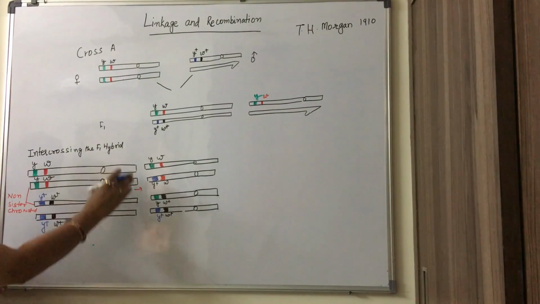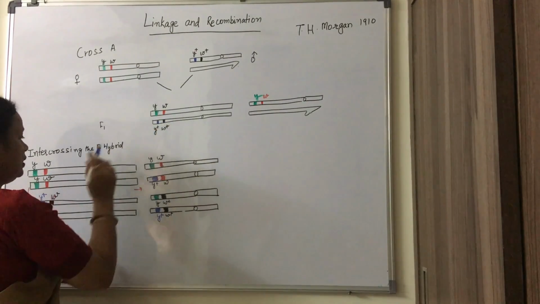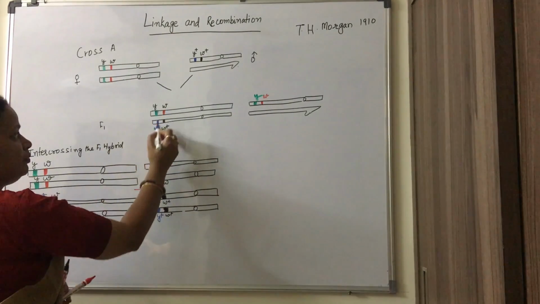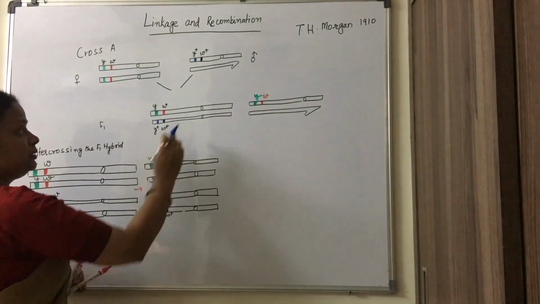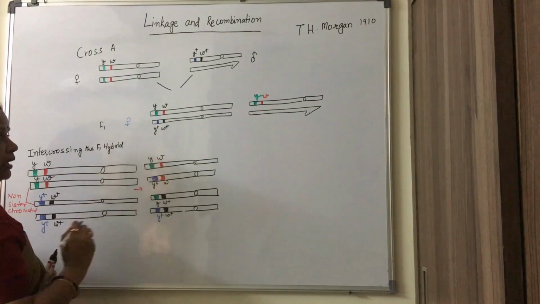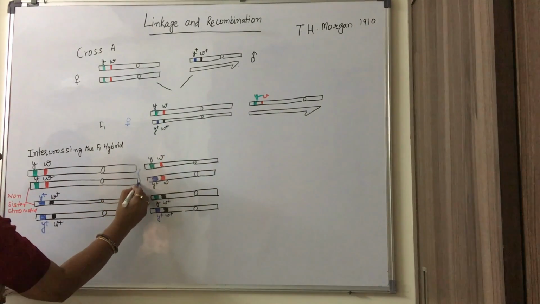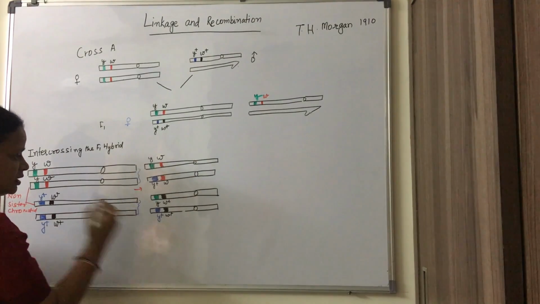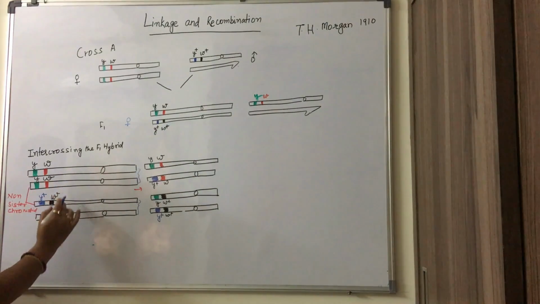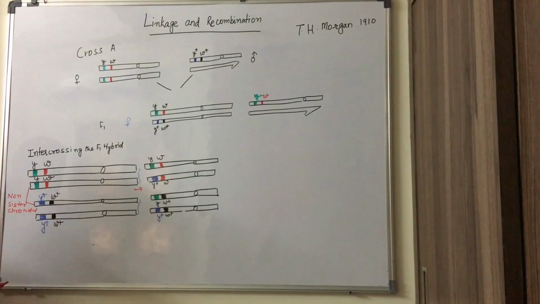I am just going to repeat this again. This is F1. In F1 there is YW and Y plus W plus. These are the full chromosomes. In the female, each chromosome has two chromatids, and crossing over occurs between non-sister chromatids.